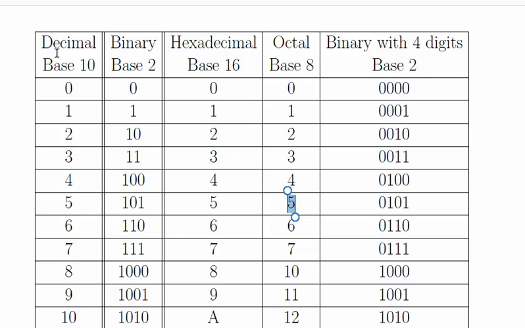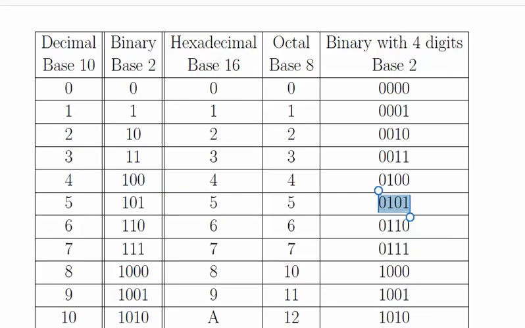So I have decimal there, which is base 10, binary, which is base 2, hexadecimal, which is base 16, octal, which is base 8, and binary with 4 digits, which is again base 2. So essentially 101 here is 0101 there. It's just written with 4 digits to correspond properly with the hexadecimal numbers. That makes the lookup very easy when using hexadecimal.